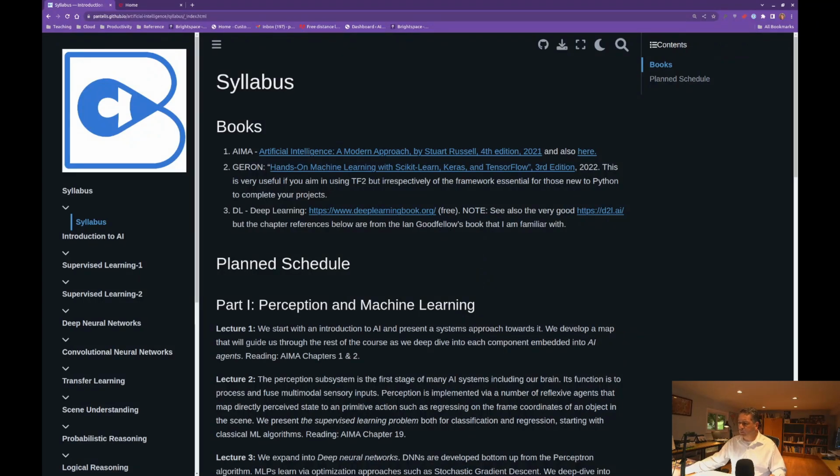This is a bit more practically oriented, but I'm very familiar with the deeplearningbook.org, which is written by Ian Goodfellow and other significant personalities in the deep learning community, and I do extensively make reference to this book, in the notes as well as during lectures.